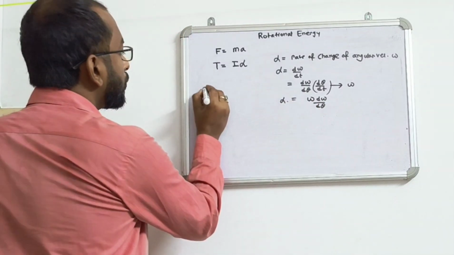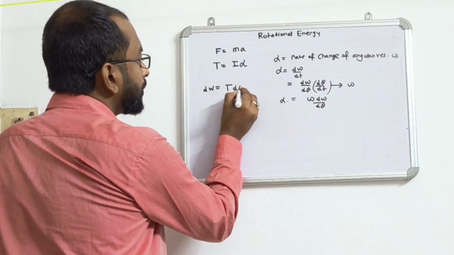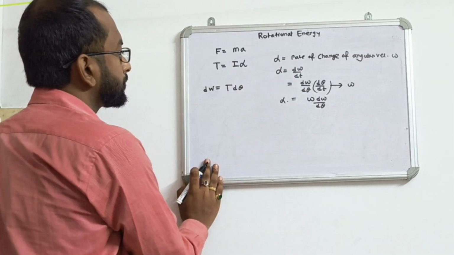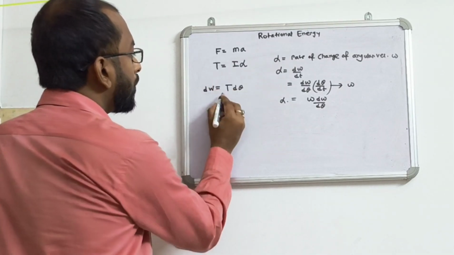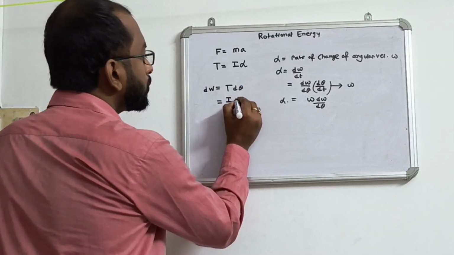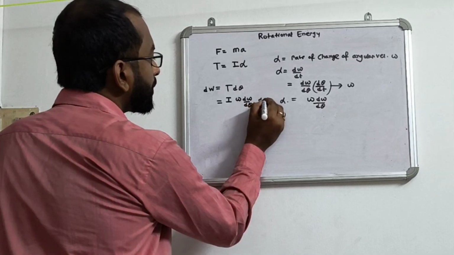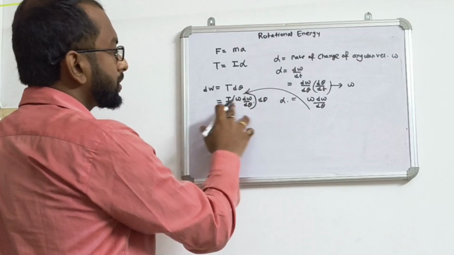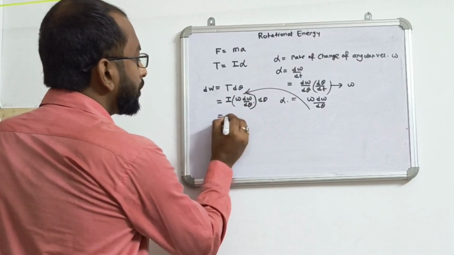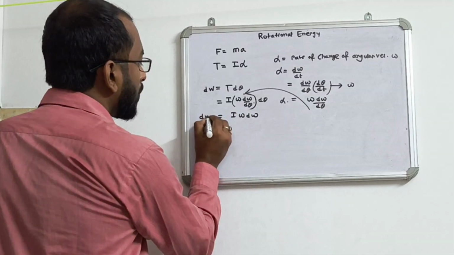So now you know that small work done is tau into d theta, and tau you can write I into omega d omega by d theta into d theta. So just replaced this part here. So we will get that I omega d omega is basically the small work done dW.